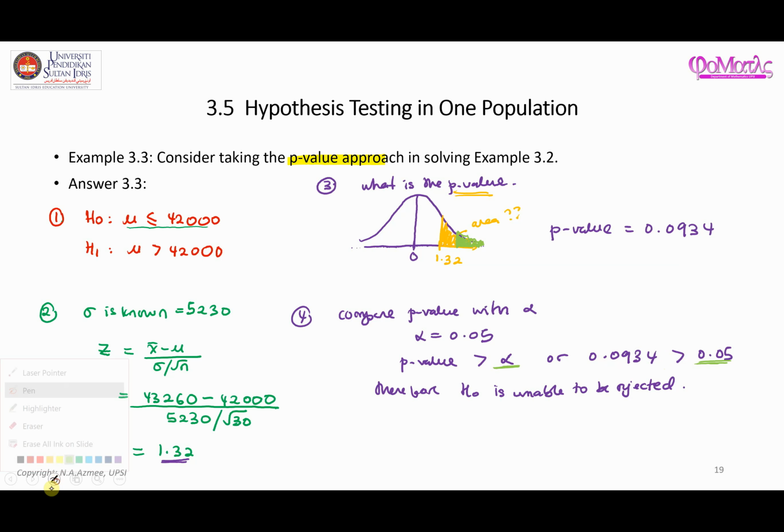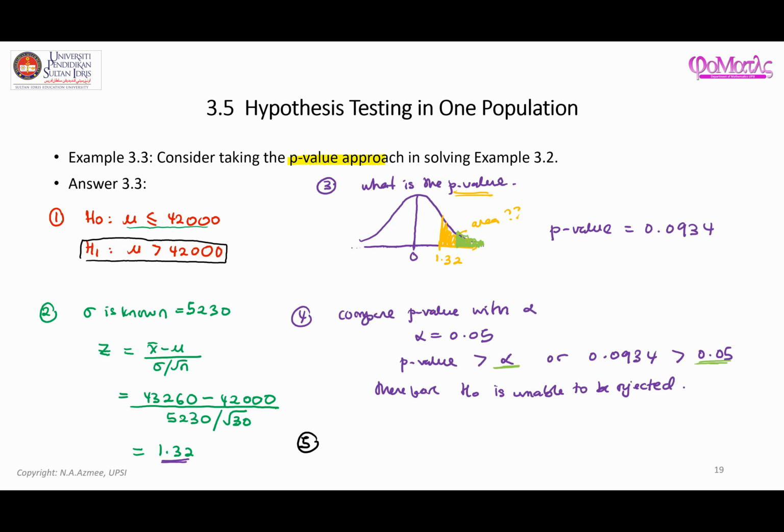Okay, so the fifth step is to conclude the whole process here. Remember, when you want to conclude the hypothesis testing procedure, you can talk about the alternative statement.